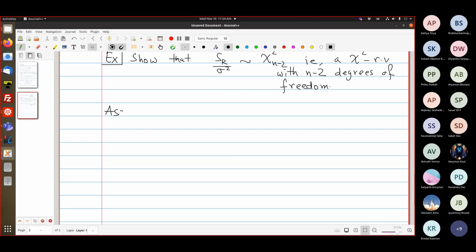So assuming this, the expectation of SR by sigma squared is n minus 2, right? Because it's a sum of squares of n minus 2 standard normals. Okay, and therefore, if I flip things around, SR by n minus 2 has expectation sigma squared, and therefore is an unbiased estimate.